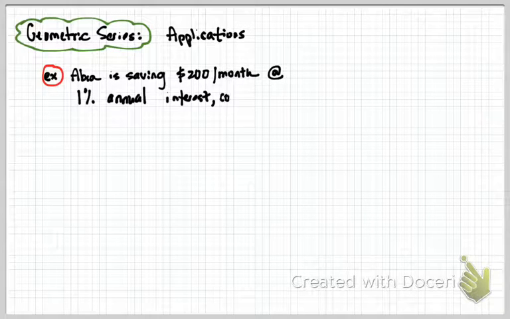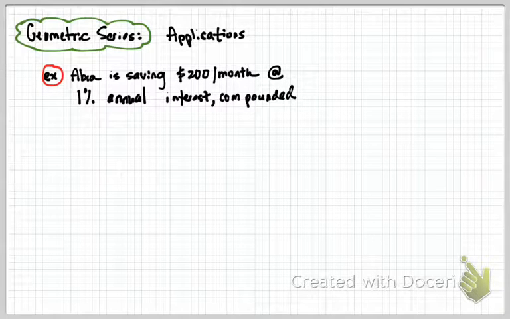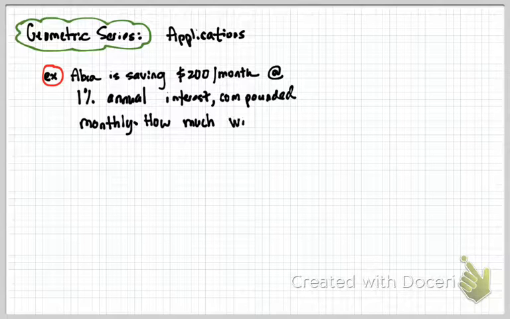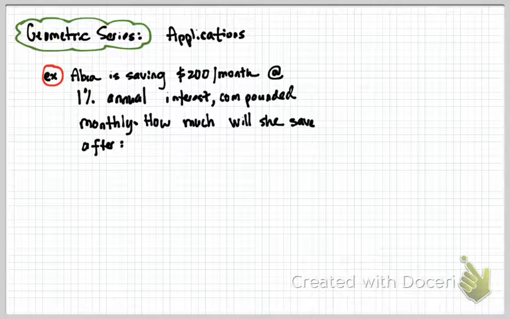And then I'm going to add one more thing. Compounded monthly. And then the question we're going to answer is, how much will she save after? Now we're going to look at two different scenarios.